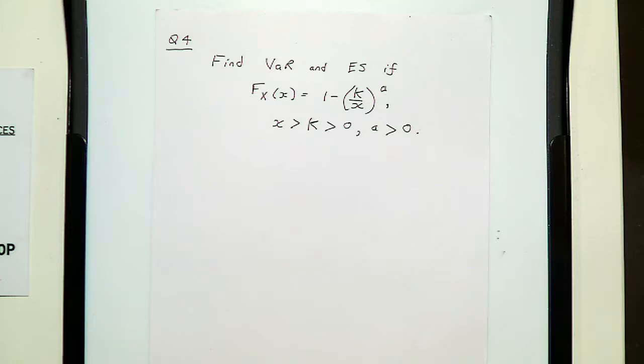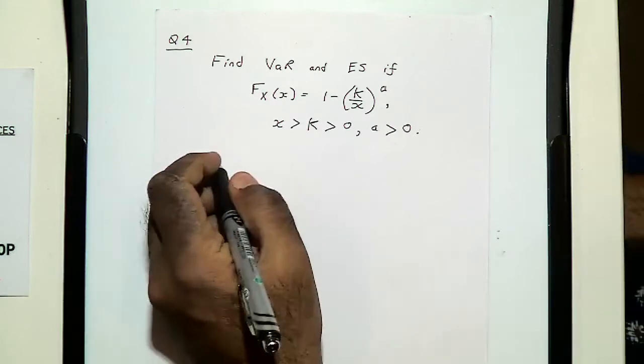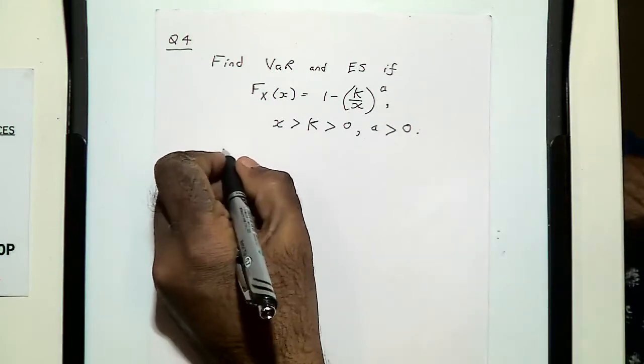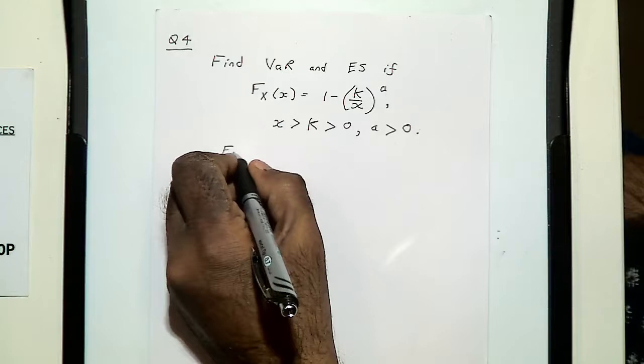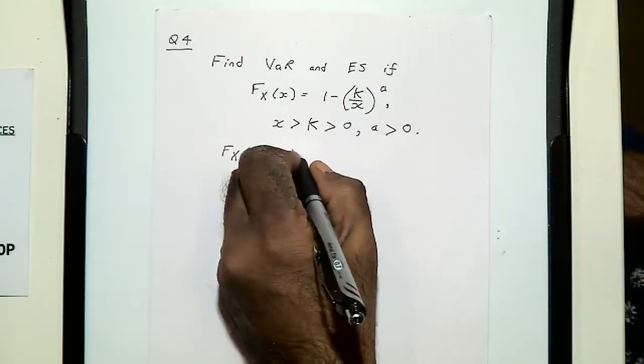All right, guys, have you done this? All right, let me show you. This is also trivial. So to find the VaR, set this to p.